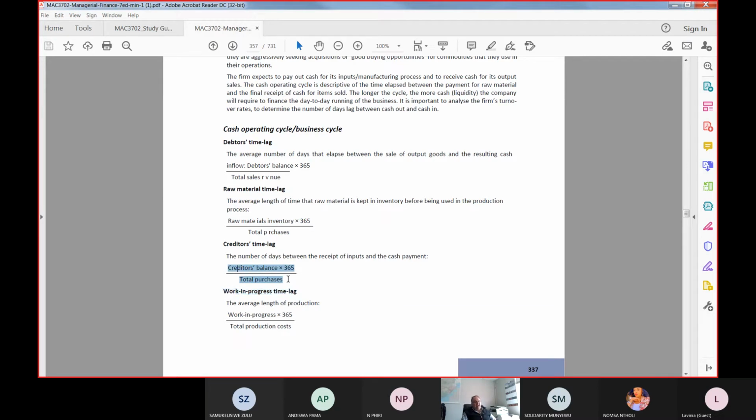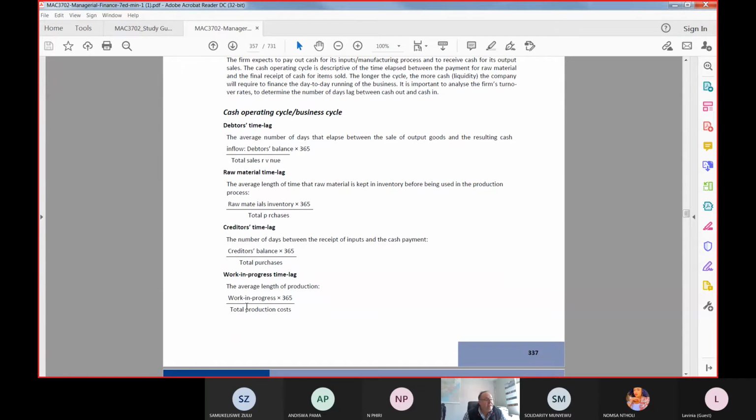Greatest time lag. You've got to be smart about that. You can delay credit as long as you are not charged interest. If you are charged interest, then your delay tactic on the credit is going to count against you. Okay, so that one is questionable.